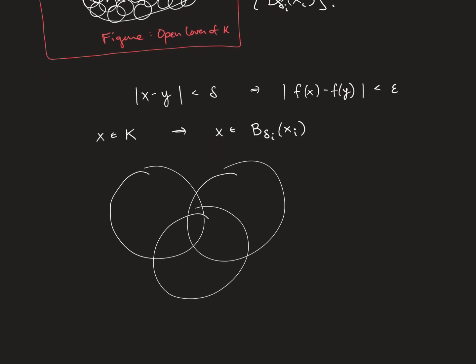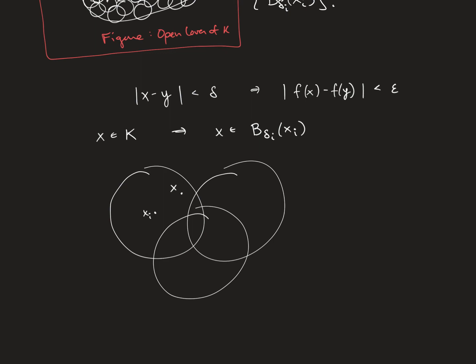Here's three of these balls, and let's say we have x sub i here, and x is in that ball. So what we want to do is say that as long as y is sufficiently close to x, then the distance between f of x and f of y is small.